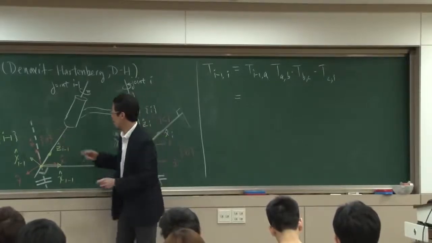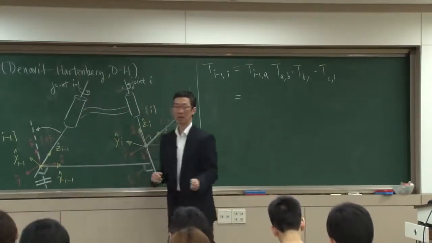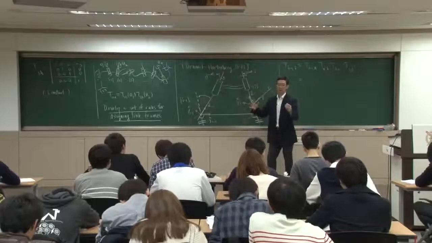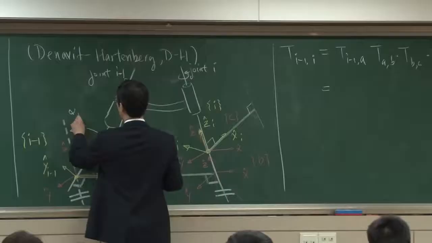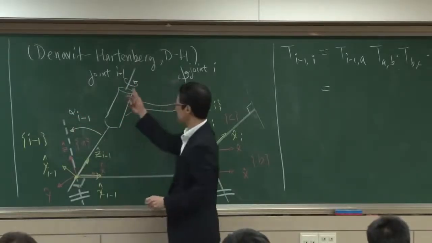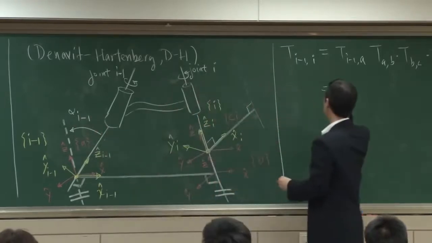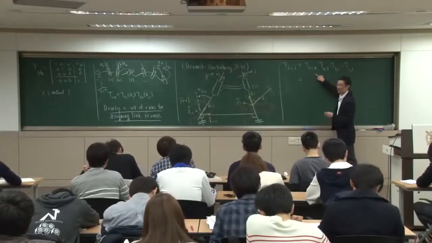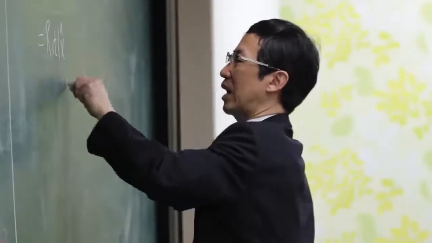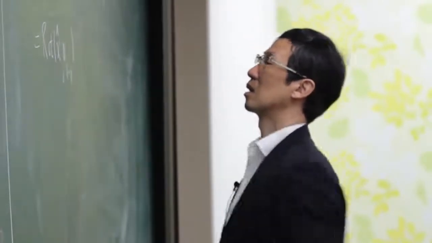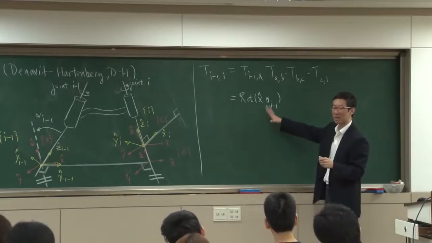Well, it's this angle here. So we need to know that angle. Let's assign a variable. Let's call it alpha. This is joint I minus 1, so this angle is alpha I minus 1. So this is a rotation around the x-axis by angle alpha I minus 1. You know what this form looks like, so I'm not going to bother to write it out.